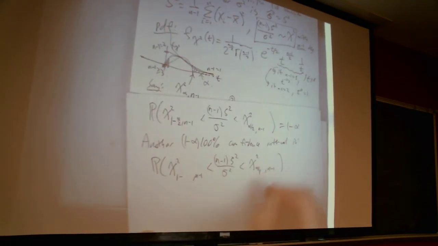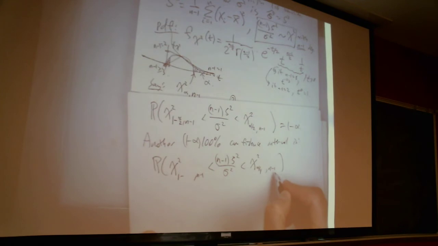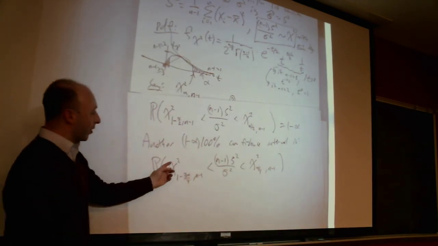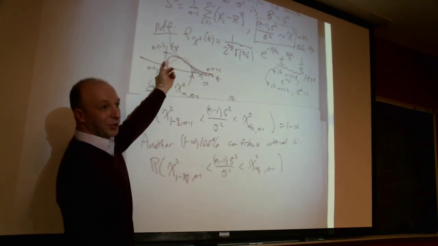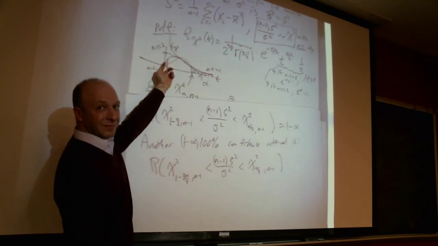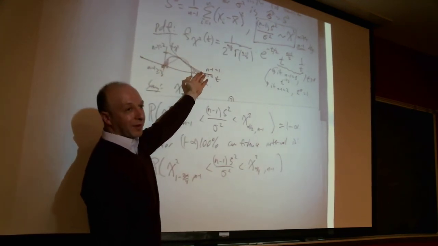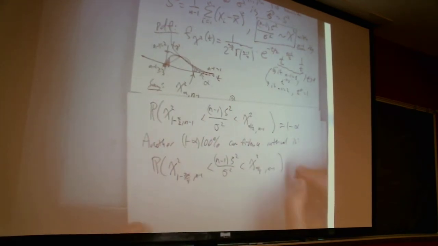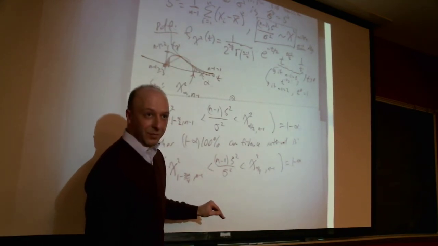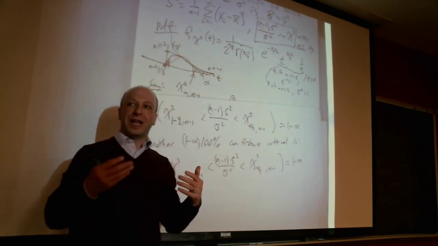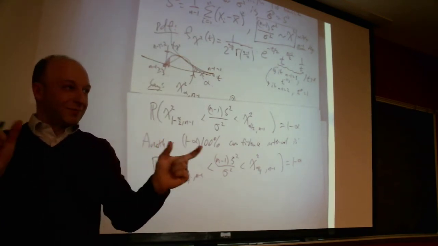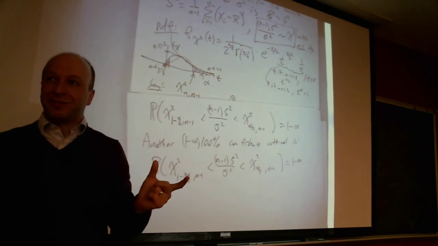Alpha over 4 will cut off alpha over 4 of the mass. 3 alpha over 4 will cut off 3/4 alpha of the mass from the initial piece. There's no reason to choose half alpha and half alpha. All you want is some confidence interval that's giving you a bulk of 1 minus alpha. And we didn't really think that was necessary when we had a symmetric distribution, but now that it's not symmetric about x, maybe we do care.